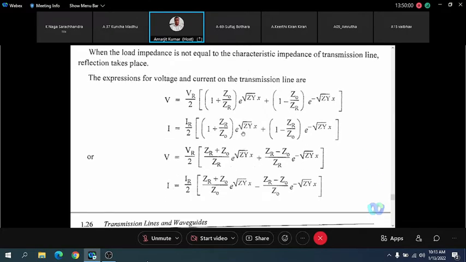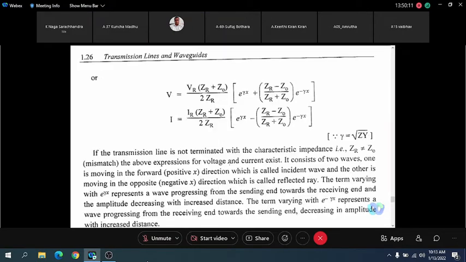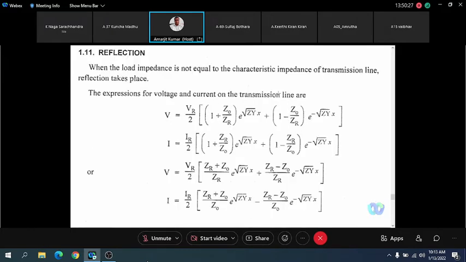So voltage and current expression you know for the transmission line. So this voltage or current expression is written like this. And you also know this expression we had written in terms of ZR minus Z0 divided by ZR plus Z0. So basically this is known as the reflection coefficient. From here you start with voltage and current and you can write like this.